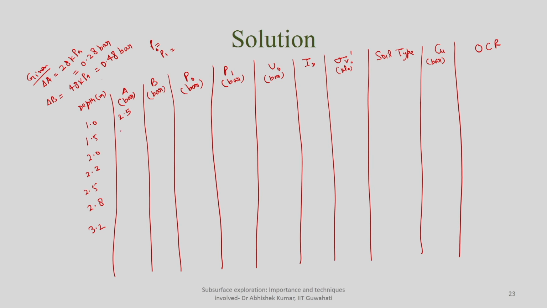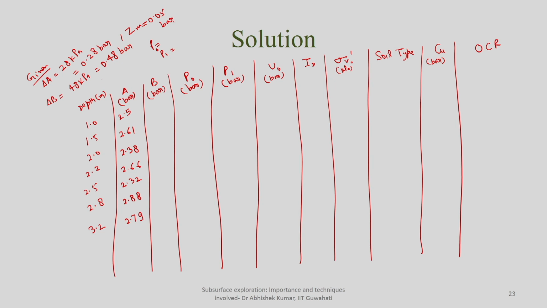So it will be 2.50, 2.61, 2.38, then 2.66, 2.32, 2.88 and then 2.79. Remember, delta A is given, Zm is also given as 0.05 bar.